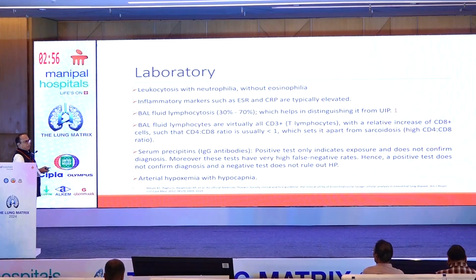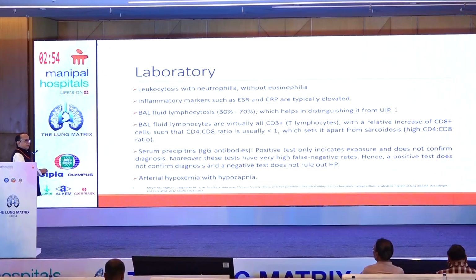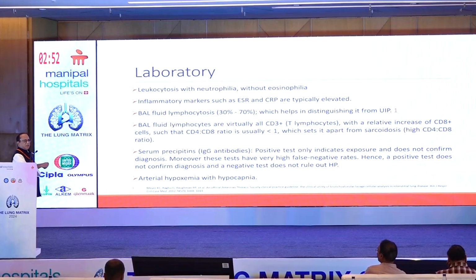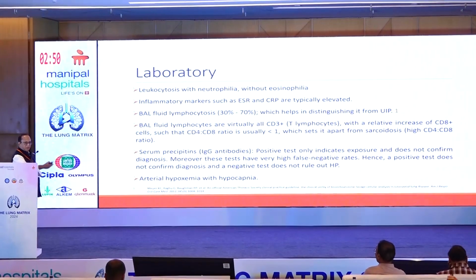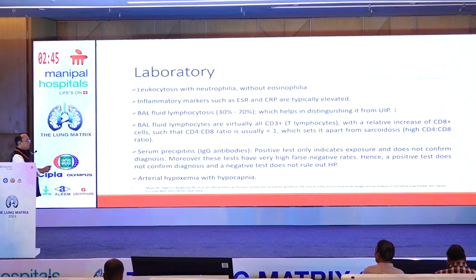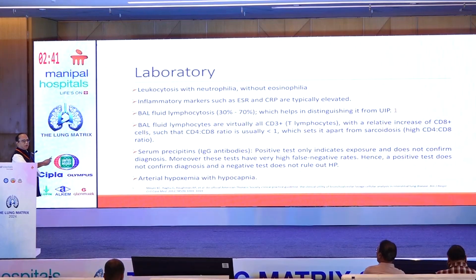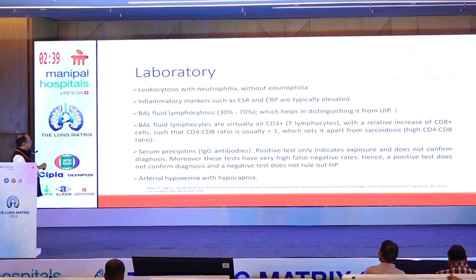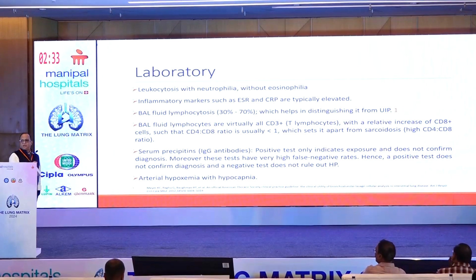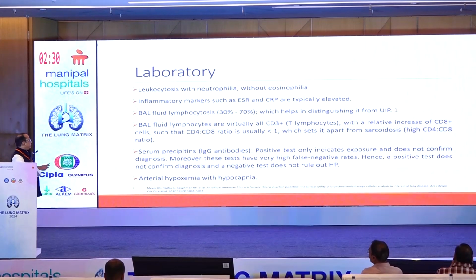So there may not be marked eosinophilia, because once eosinophilia comes in the diagnosis, your differentials will increase, and lymphocytosis is the hallmark. They have divided into 3 different groups, 30 to 70%, and it distinguishes if there is a fibrotic HP, almost a differential of UIP.